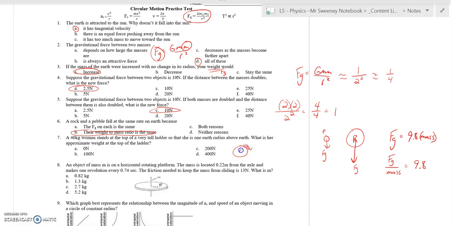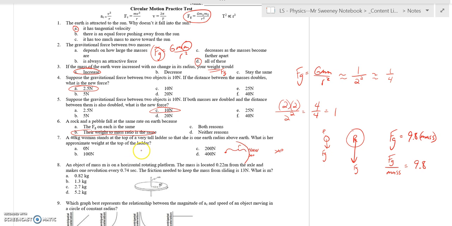When she was 1 Earth radius from the center of the Earth. Sorry, this drawing is small, let's make it bigger. Center of the Earth. Here's her standing out here, being 400 newtons. If she is standing on this really tall ladder that puts her out another radius from the Earth, so this is just r, and we're doubling r, what happens to your force of gravity?